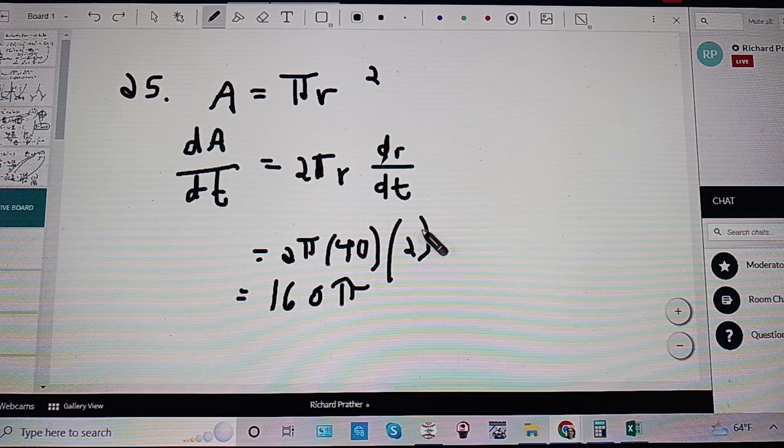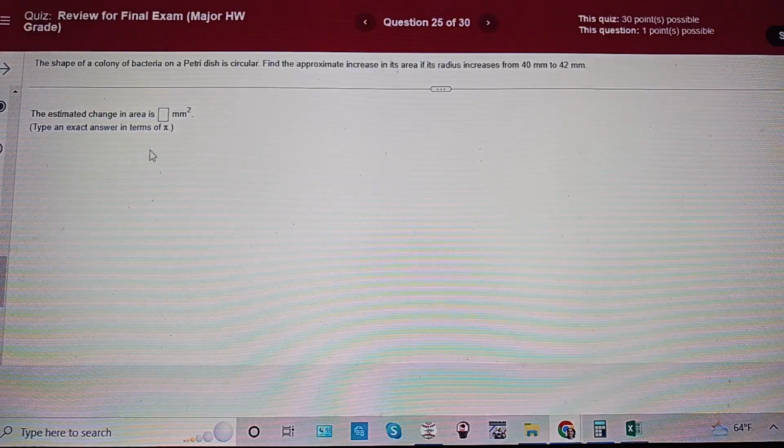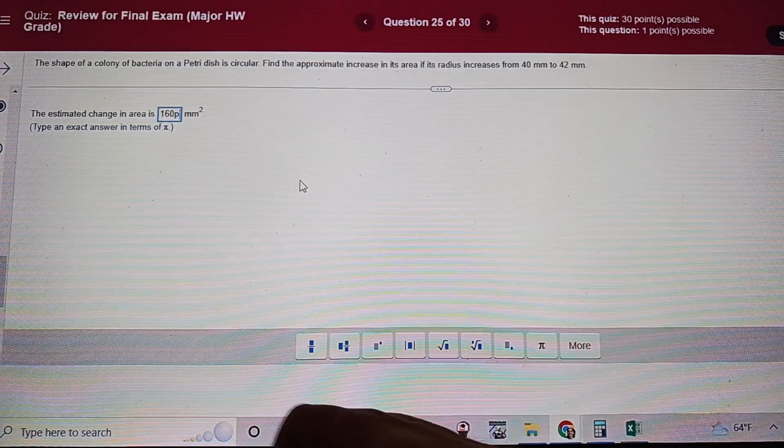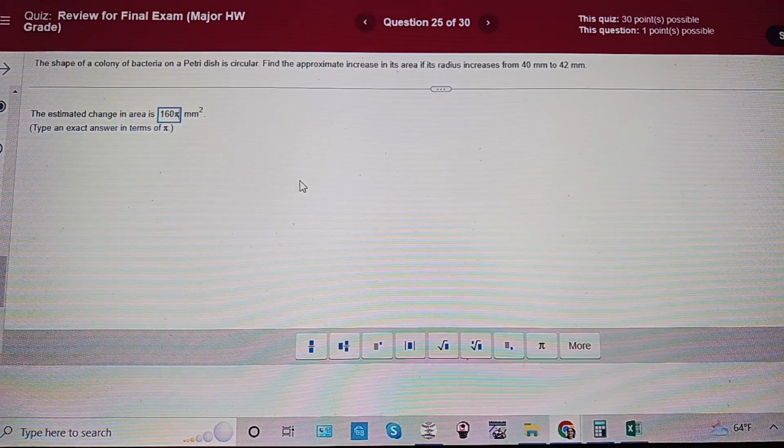So if the radius is increasing by 2 units over a given period of time, the area of the petri dish is going up by 160 pi square millimeters, because it's a very tiny dish, but 160 pi. So millimeters aren't very big, but these bacteria, they can grow if you let them keep going. They grow exponentially, actually.